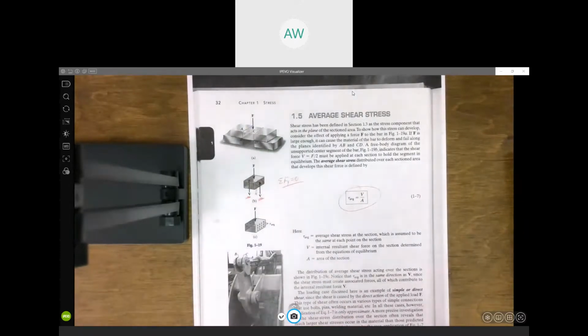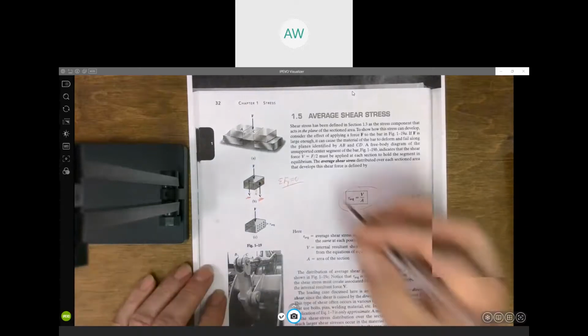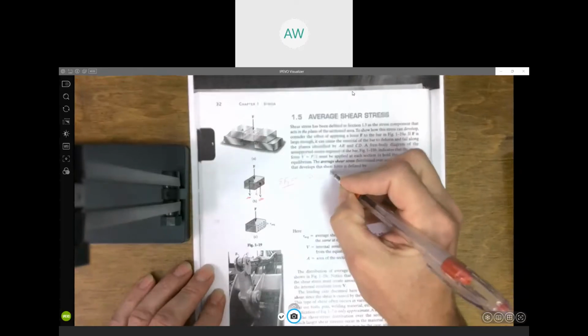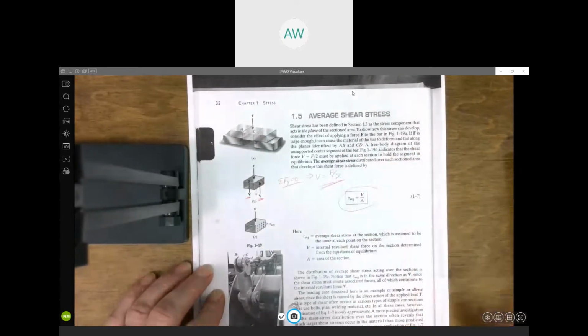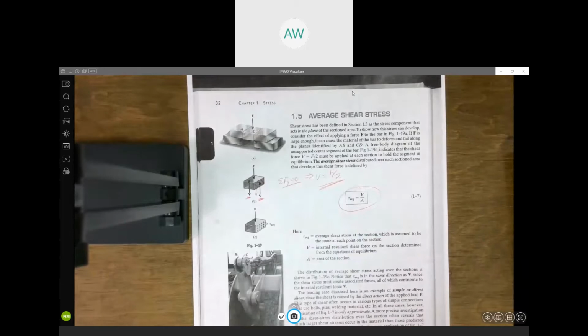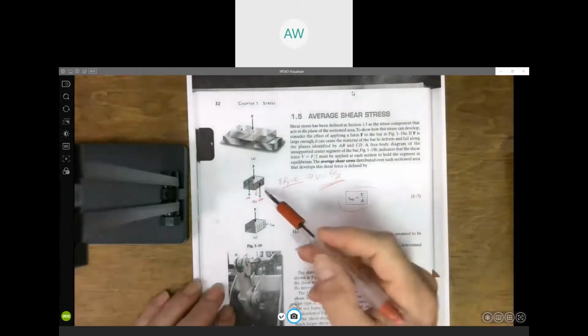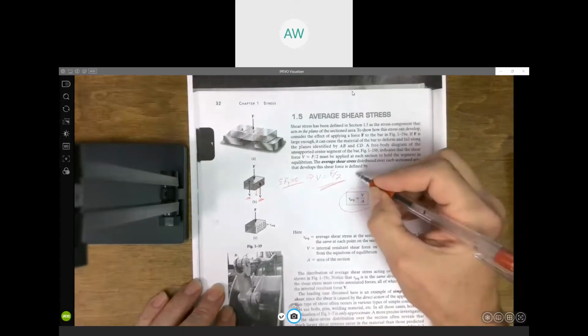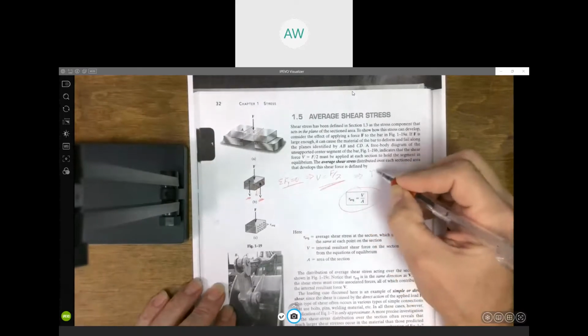Both of those have to add up to be the same as F. So if the forces add up to 0, the shear force V here would be F over 2, half of what that applied load is.